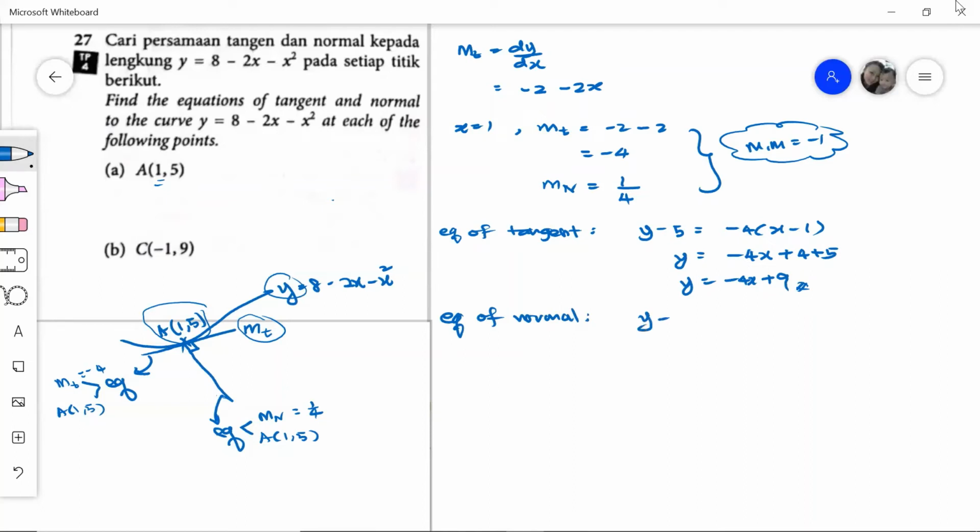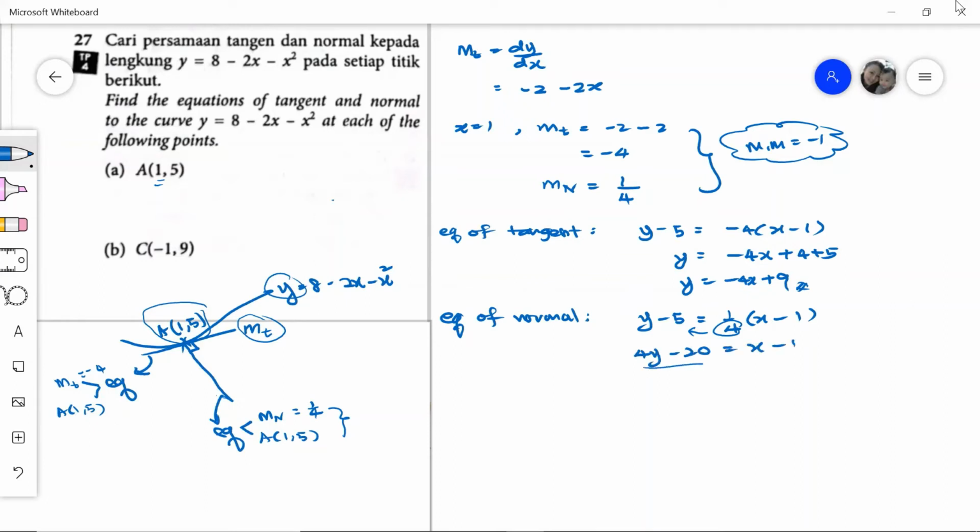y minus y1 equals m, which is 1 over 4, times (x minus x1), which is 1 here. So we use this, and therefore let's bring the denominator over. I want to get rid of the fraction, so I cross multiply the 4. So we have 4y minus 20 equals x minus 1.